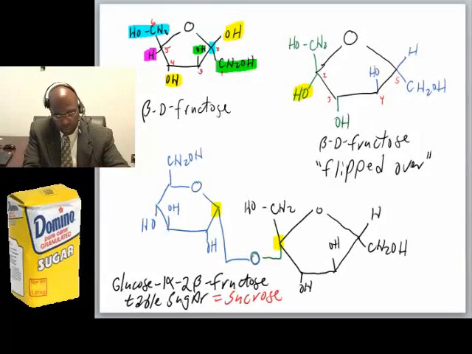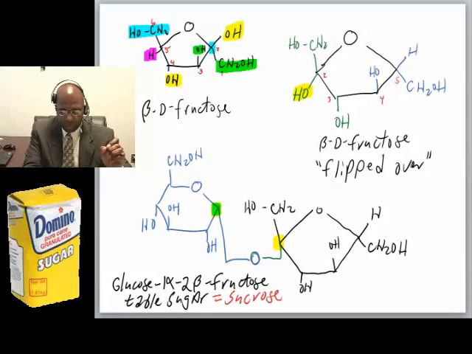If we look here on glucose, well, this can't open up now because it's attached. It can no longer open up. It can't form the aldehyde anymore.